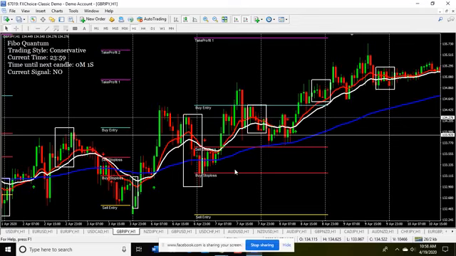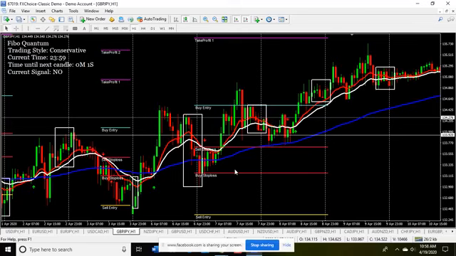Now, depending on the size of your trading account, if you were only able to start with $100, it's going to be kind of hard to only risk $3 per trade. So you might have to risk $10 per trade. You're risking more of your account, but that's because your account's undercapitalized.